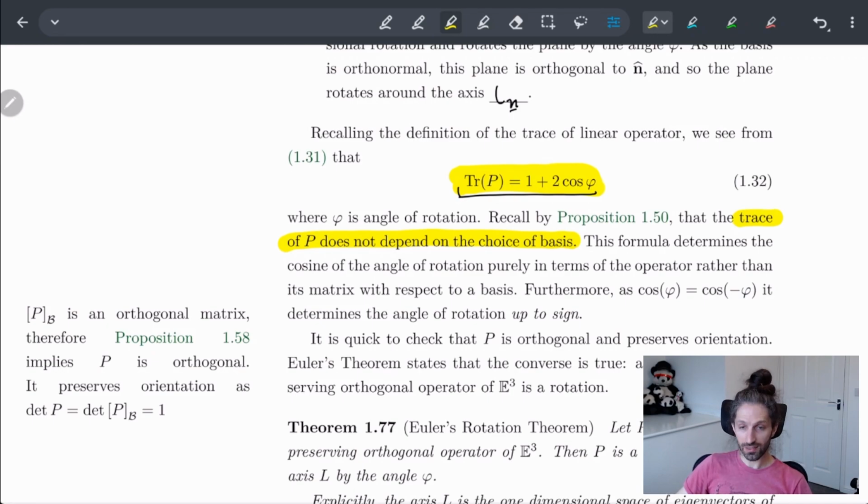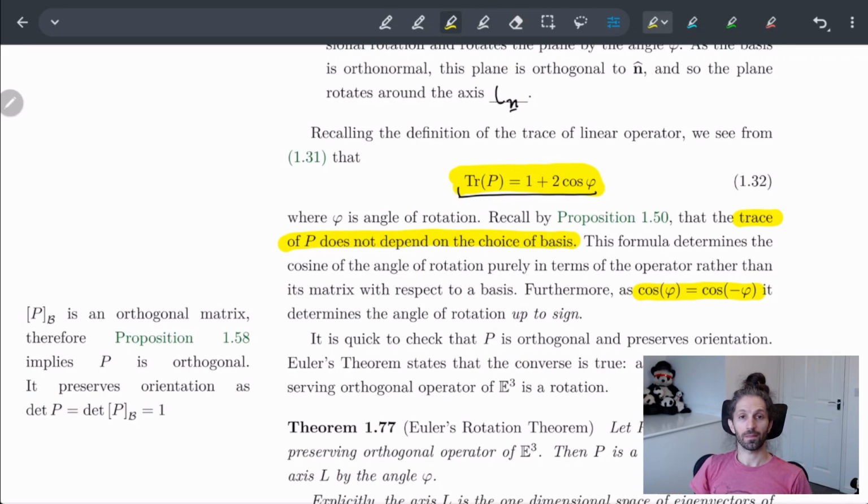Another thing to notice is that cosine of phi and cosine of minus phi are equal, so the trace determines the angle of rotation only up to sign, right? Rotating one direction or rotating the other direction doesn't change the trace.